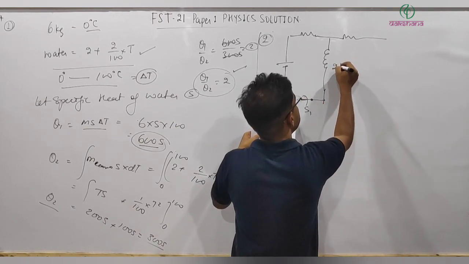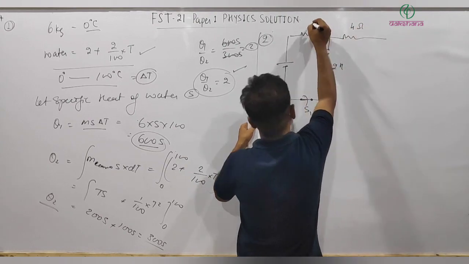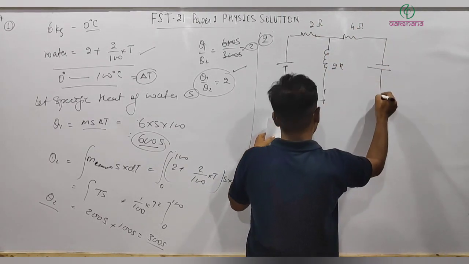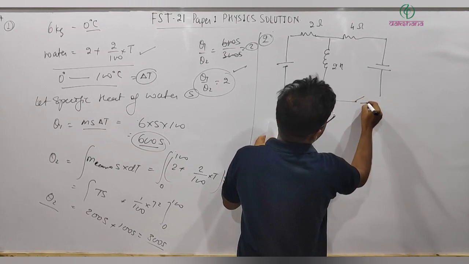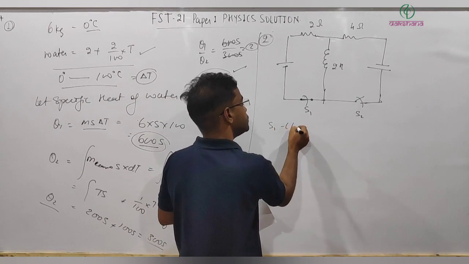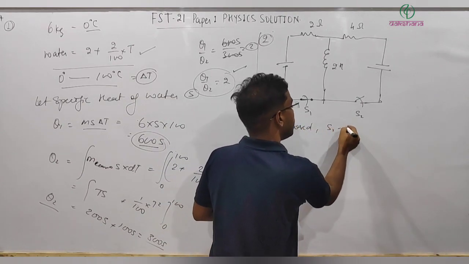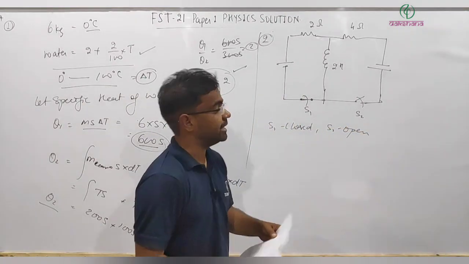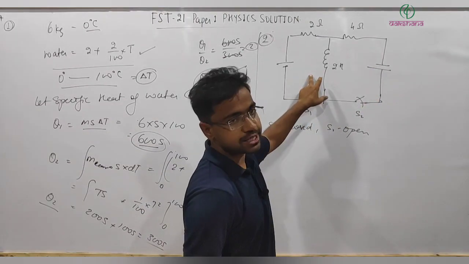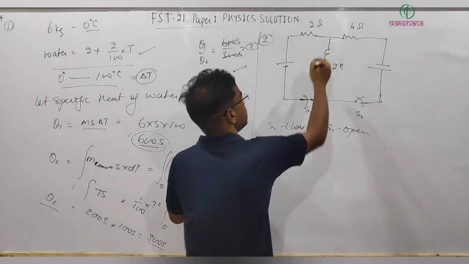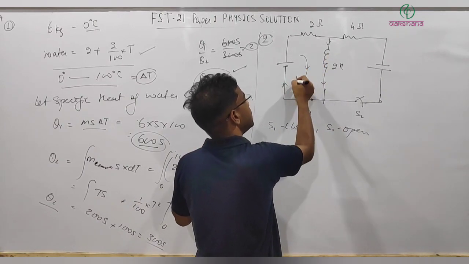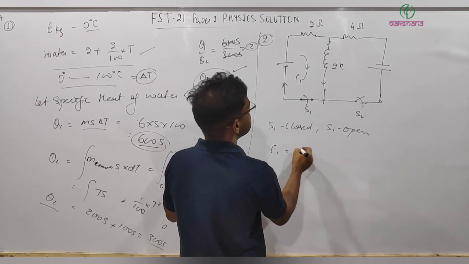This is 2 Henry, 4 ohm, 2 ohm, and the battery connected this way, and S2. So initially S1 closed, S2 open, and remains for a long time. What will happen? There will be no change in current in this circuit, and it will reach steady state. In steady state, the current here will be flowing this way, and that current I can write, let's say I1, is equal to simply E.